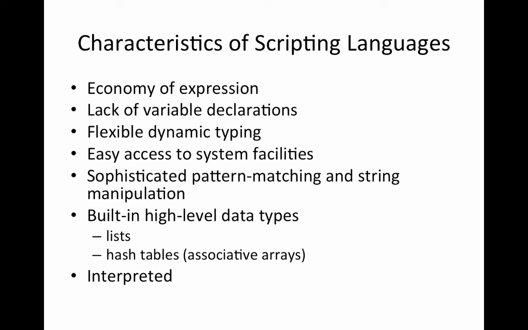So there's a number of characteristics of scripting languages that separate them from compiled languages. The first is economy of expression. Now, C and C++ also go for economy of expression, right? Int rather than integer, bool rather than boolean. That's small potatoes compared to what scripting languages do.